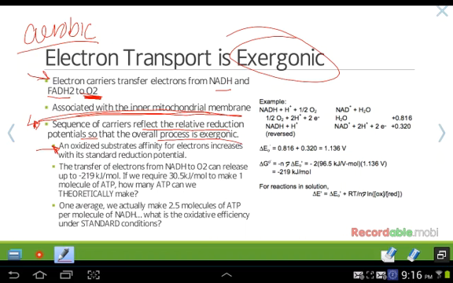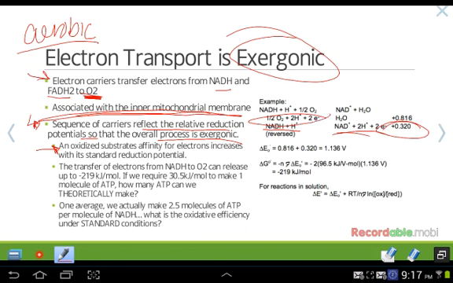So if we go and look at these half reaction potentials that we looked at back in the chapter on the introduction of metabolism, we can see the half reaction of NADH to NAD plus plus H plus, which is the reverse of the reduction of NAD plus. If we reverse that for the oxidation, we get a plus 0.32 reduction potential.